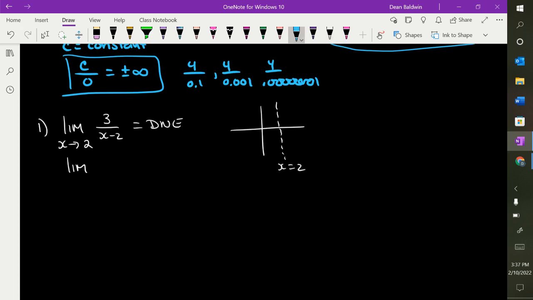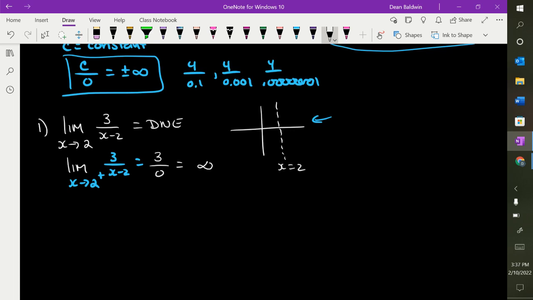If I come from this direction, what is happening? Well, that is going to be x going to 2 from the positive side of our function, 3 over x minus 2. If I put 2 into the function, I'm going to get 0. Okay? So we know it's going to be some sort of infinity. Is it positive or is it negative?